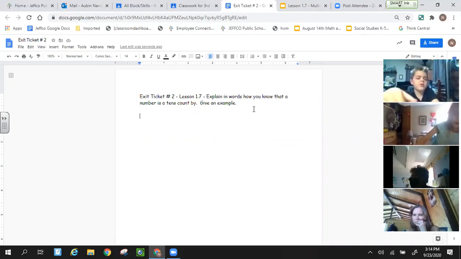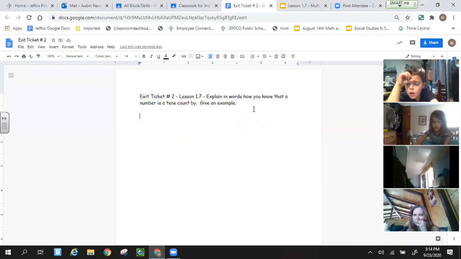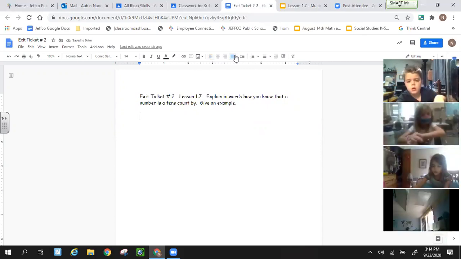How do you know those are tens count bys? How do you know? Okay? Will you also show them where the math class is? Oh, yes. Okay. So if you are here, get your pencil ready. You're going to answer the same thing. How do you know that a number is a tens count by?